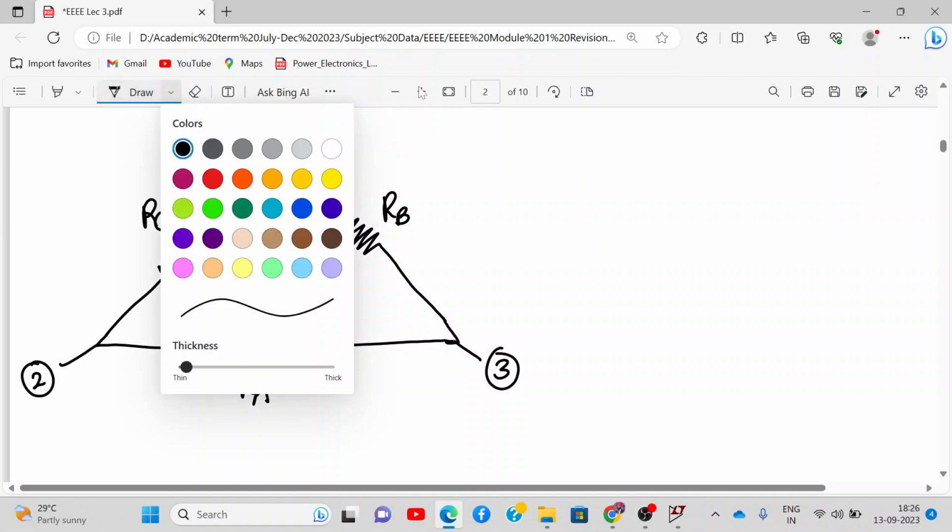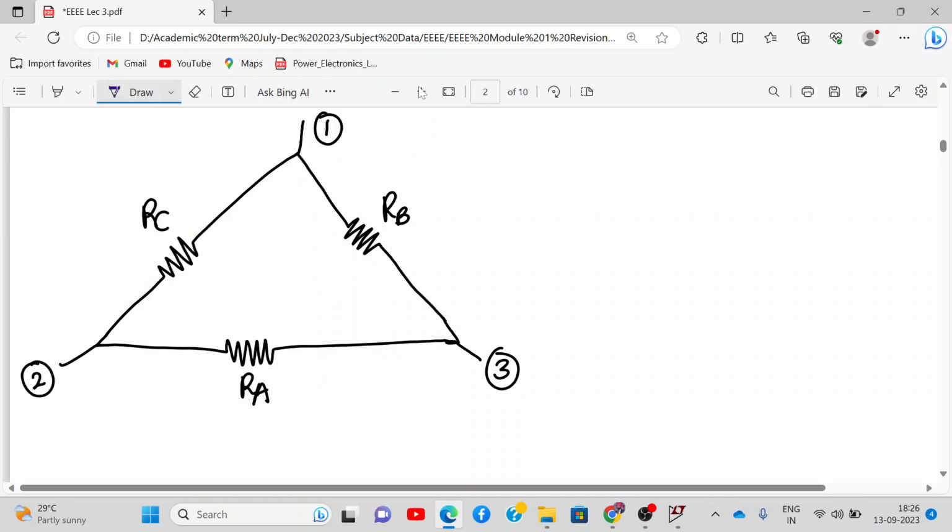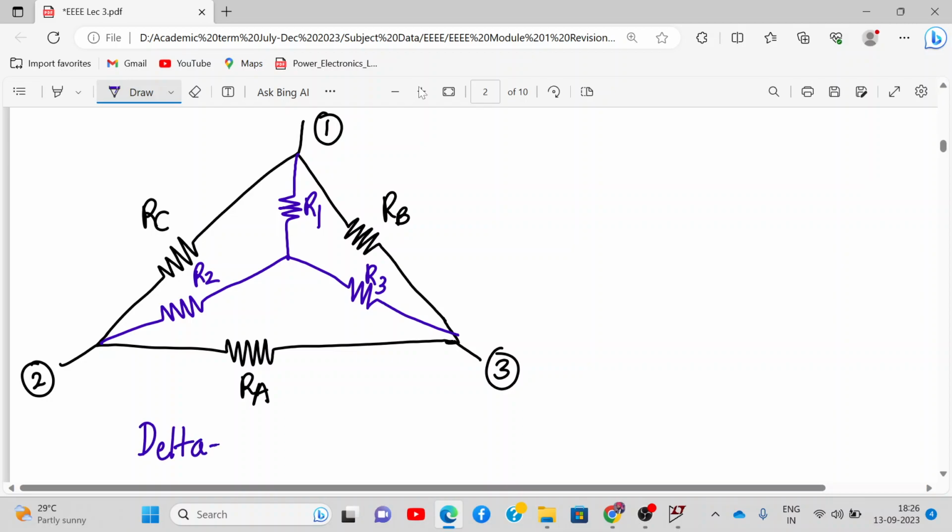Now if you want to create a star out of it, just create it inside, with a pencil. So this is how I'll create a star. This is R1, this is R2, and this is R3. So what I'm doing is going from delta to star. Now I need to know how to calculate the value of R1, R2 and R3.